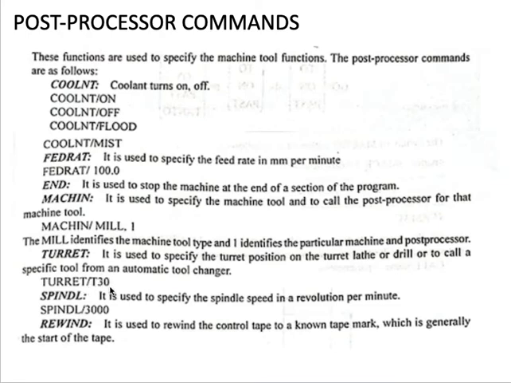TURRET/T30 to tool changer. Next, SPINDL. It is used to specify the spindle speed in revolutions per minute, like SPINDL/3000. And REWIND is used to rewind the control tape to the no tape mark, which is generally the start of the tape, that is the starting point. This is what the post process commands are.